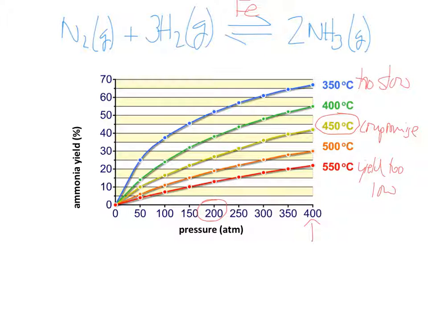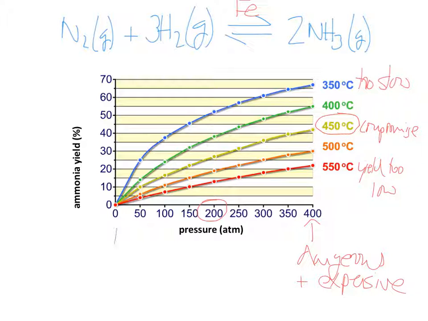And the reason for that is at 400 atmospheres, that kind of pressure is actually very dangerous. It will be expensive and it would require a huge amount of kit to contain that kind of pressure. So therefore it becomes expensive. So we don't do it at that pressure because it's dangerous and expensive.